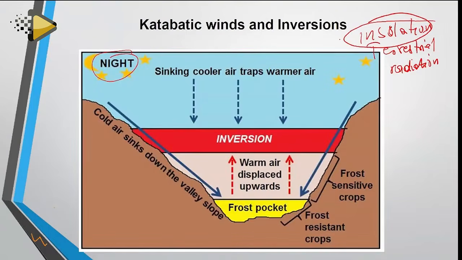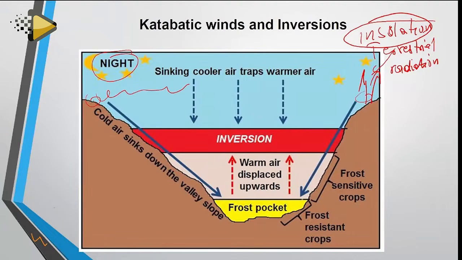Now, because of that, the surface is going to lose its heat. The surface loses the heat because of terrestrial radiation. This is your terrestrial radiation. Now, when it loses the heat, the top of the mountains become colder, and the cold air now starts to subside towards the valley floor.